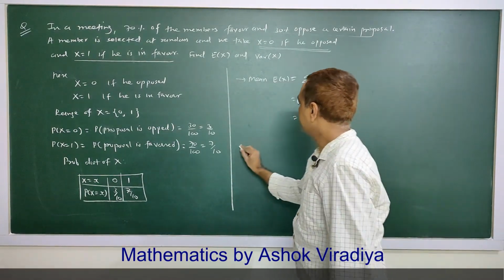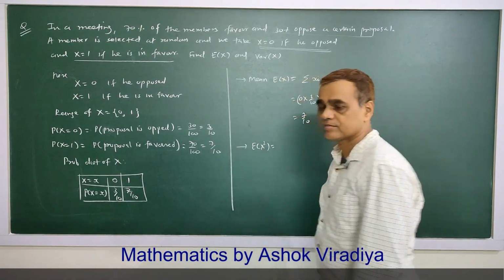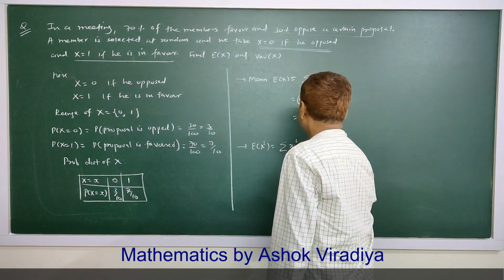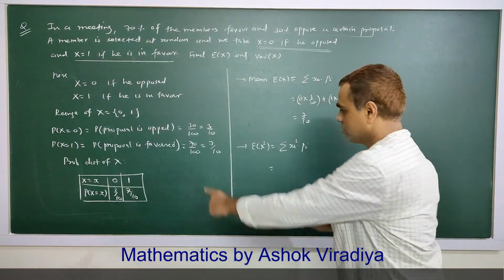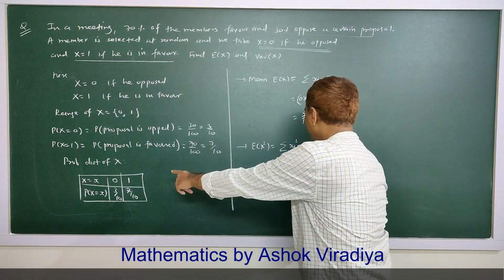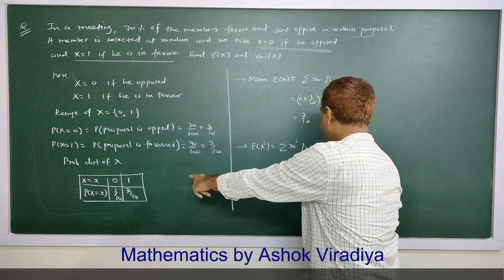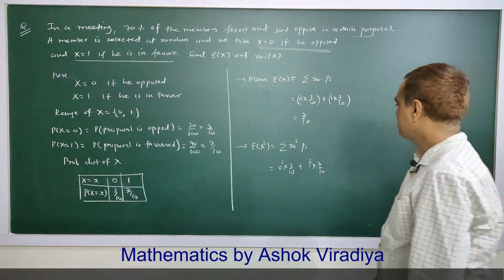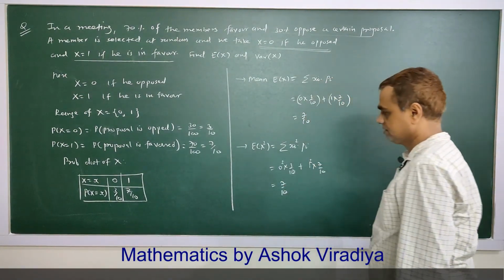Now to find variance, we find E of X square. E of X square is sigma xi square into pi. So 0 square into 3 by 10 plus 1 square into 7 by 10. So this is the same, 7 by 10.